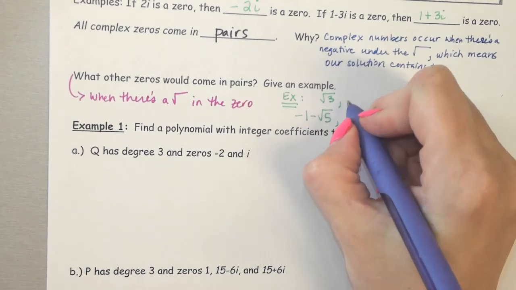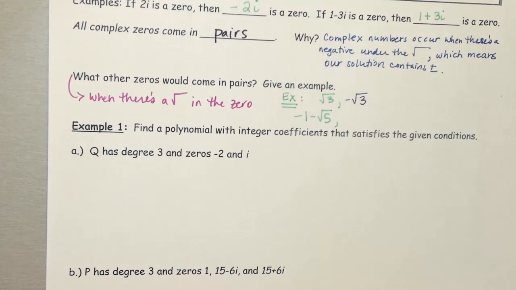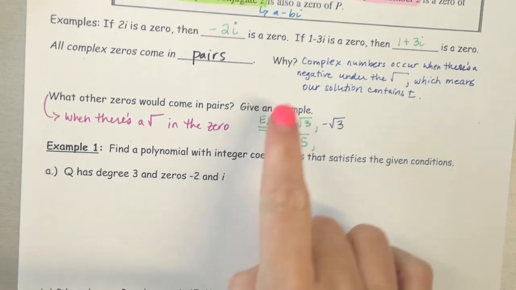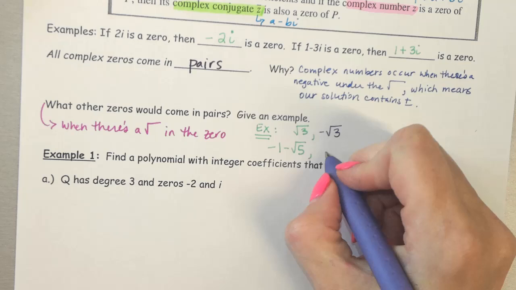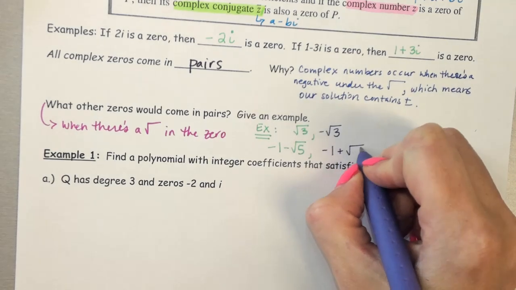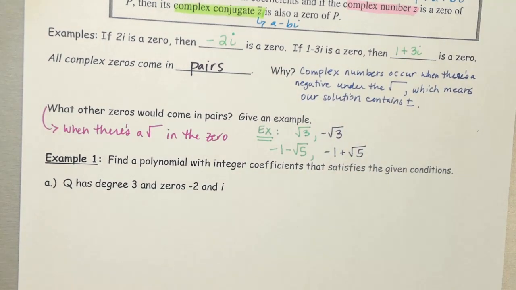So if you have root 3, negative root 3 would also have to be a zero. Remember, it's a plus bi and a minus bi. So the a, negative 1, has to stay, and then it becomes plus root 5.